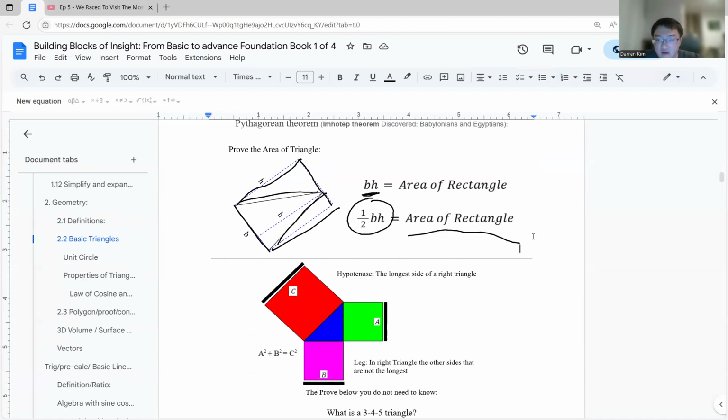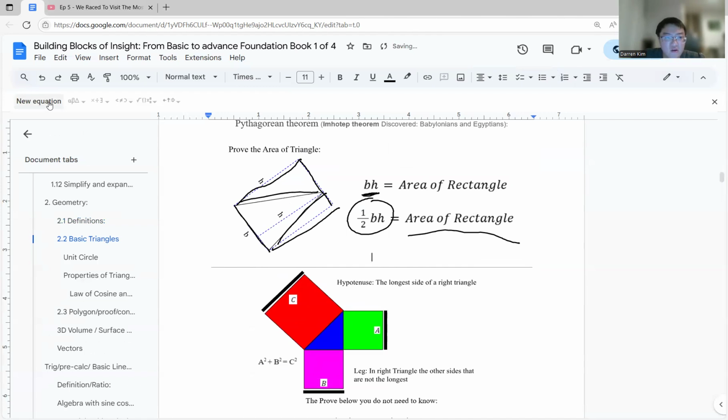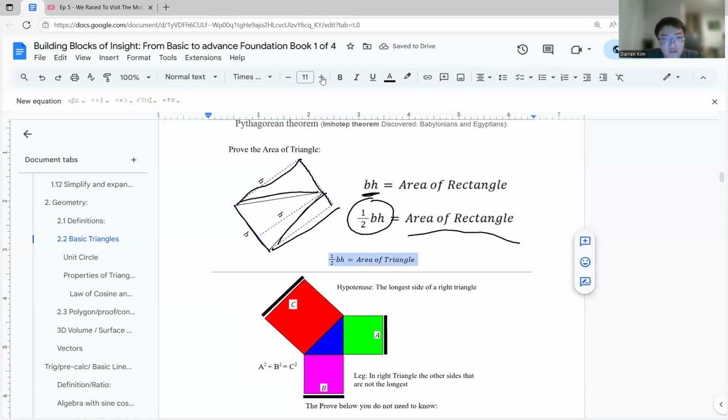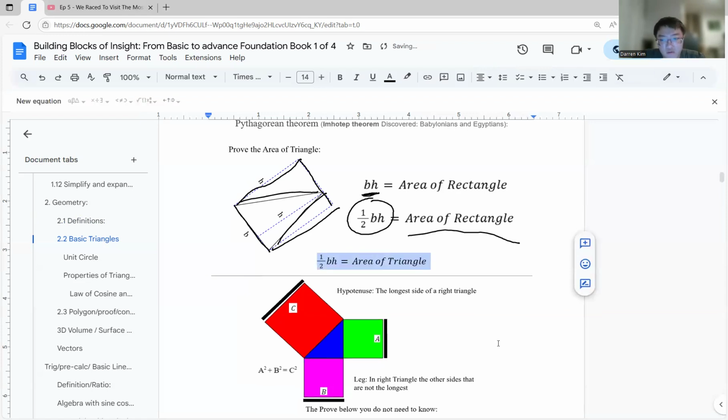What the hell did I write there? Why do I have to do this to myself? Area of triangle. Why do I make such a stupid dumb mistake? Okay, should do a trick.